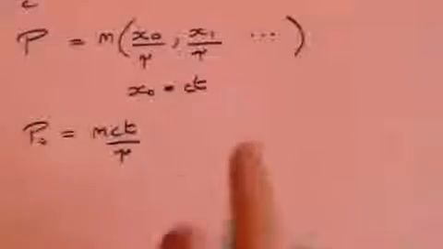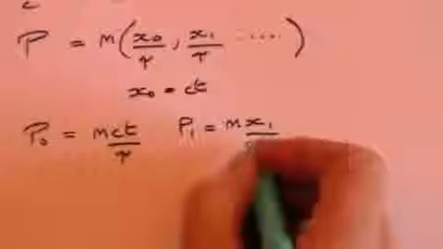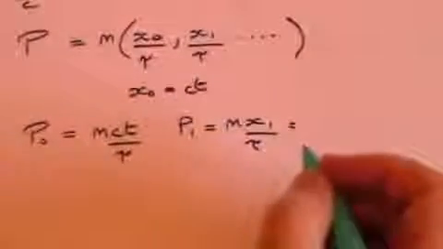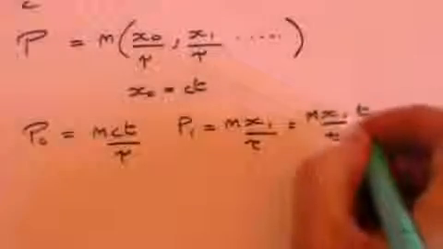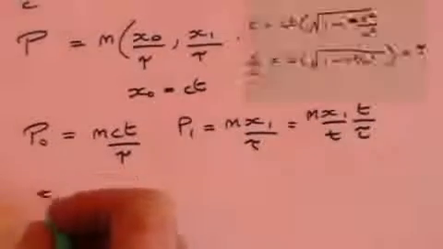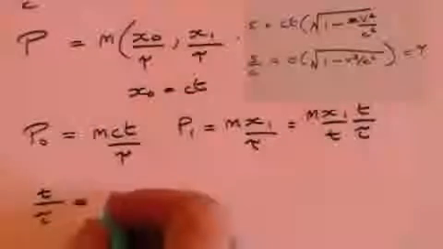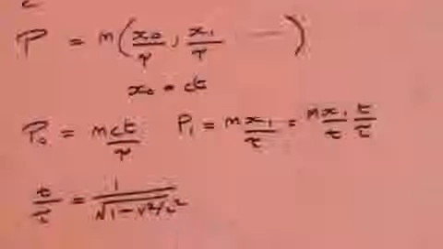The second element is m x1 divided by tau, which is the same as m x1 divided by t times t over tau. But we've already shown that t divided by tau is 1 divided by the square root of 1 minus v squared over c squared.